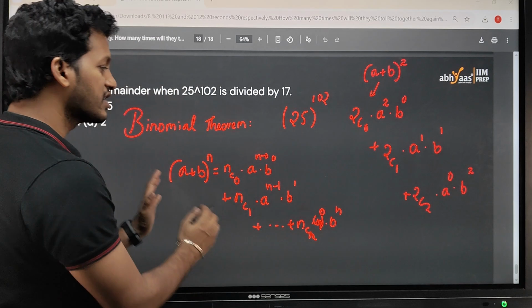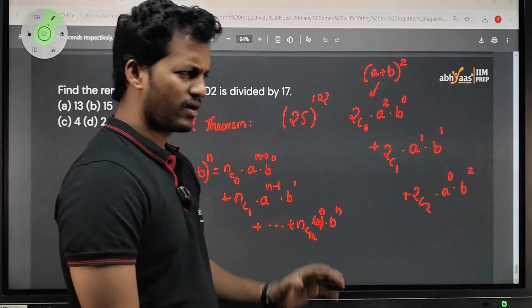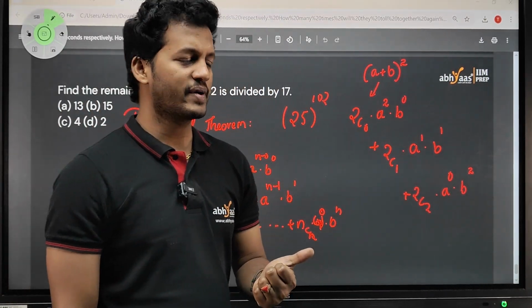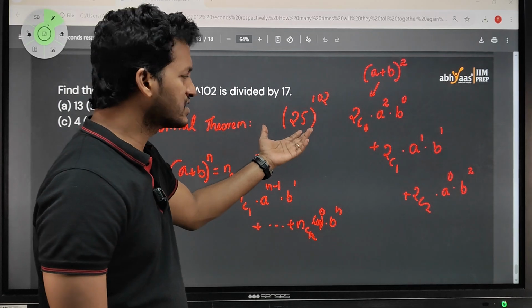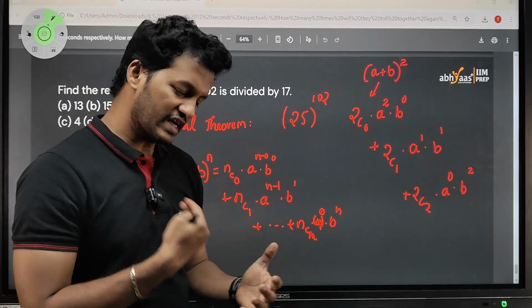So like this we will expand the whole thing. But wait, why do we have to expand here, and how can we expand this 25 power 102? What is the need here?